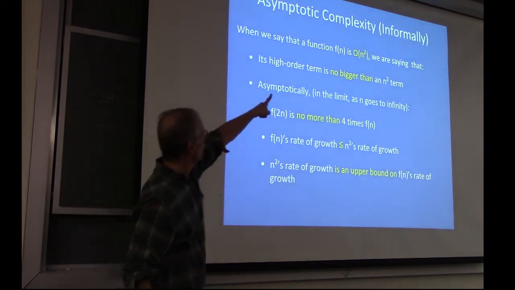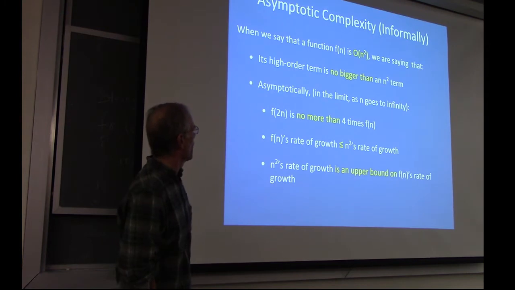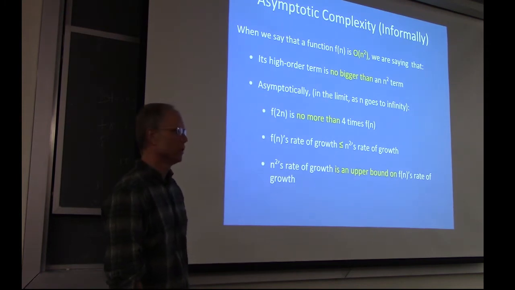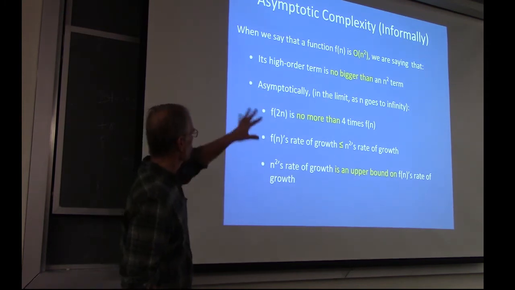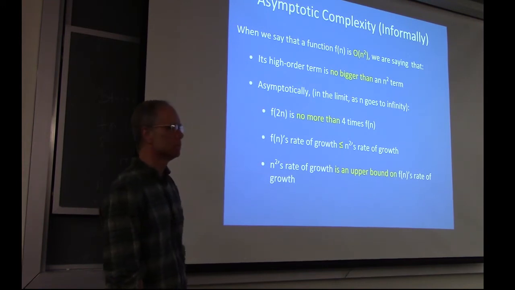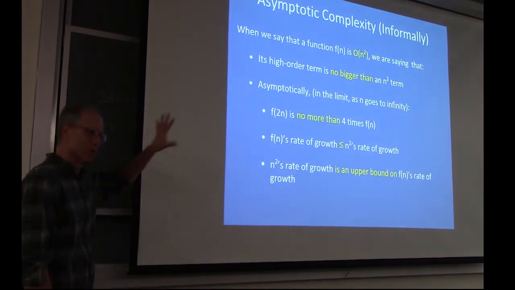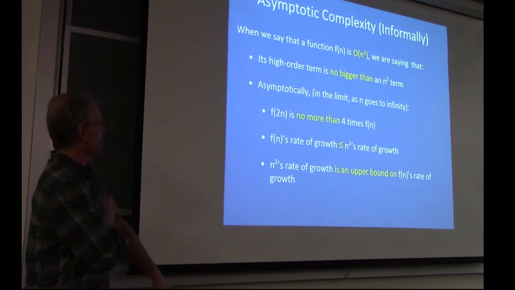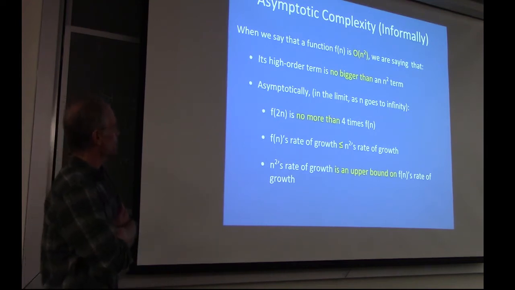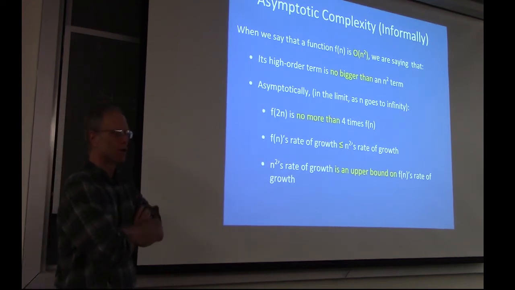So in this case, f of n is n squared, and we're asking is f of n O of n cubed? The higher order term is no bigger than n cubed. Or, to avoid the confusion with the slide, let me ask this. Suppose f of n is just n. Is n O of n squared? Yeah. The higher order term is no bigger than n squared.